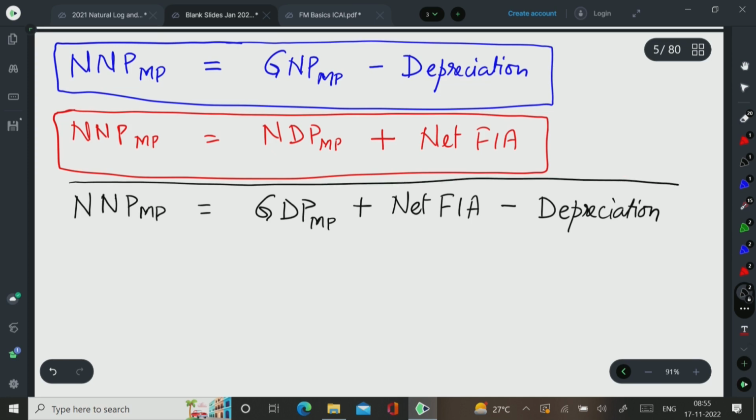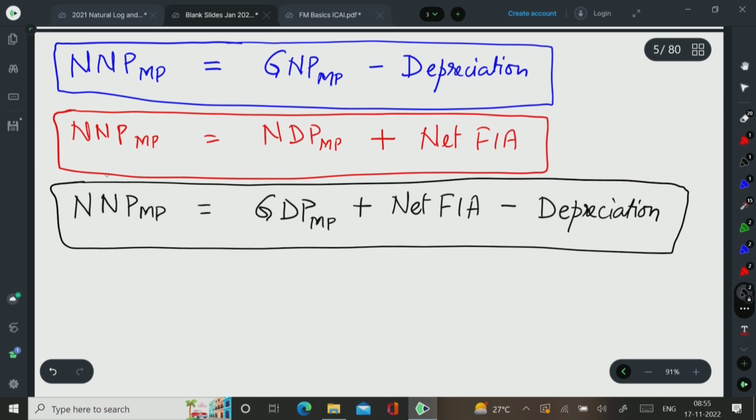Even this can give you the amount of net national product at market price. I am sure you have written this along with me.